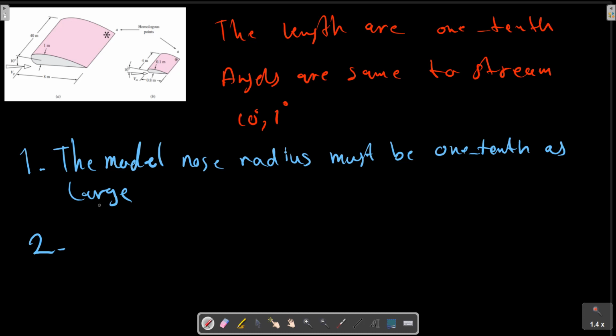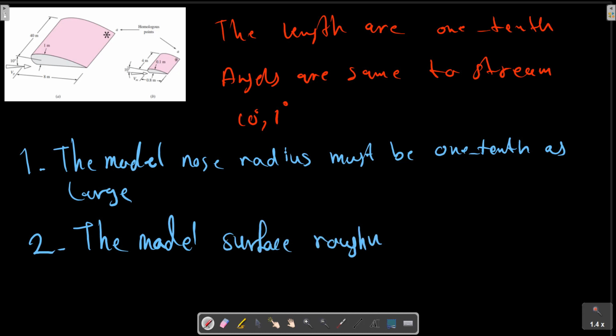Second, the model surface roughness must be 1/10 as large.